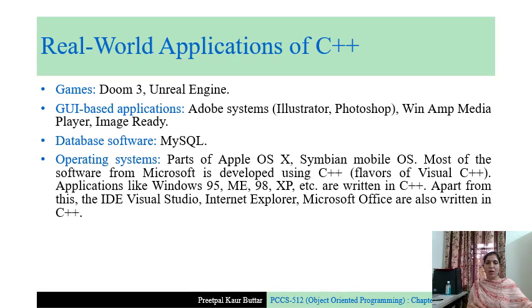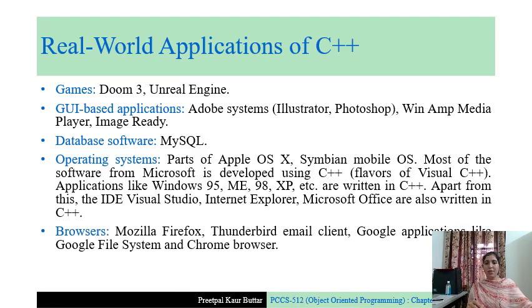Most of the software from Microsoft is developed using C++, flavors of Visual C++. Applications like Windows 95, ME, 98, XP, etc. are written in C++. Apart from this, the IDE Visual Studio, Internet Explorer, and Microsoft Office are also written in C++.